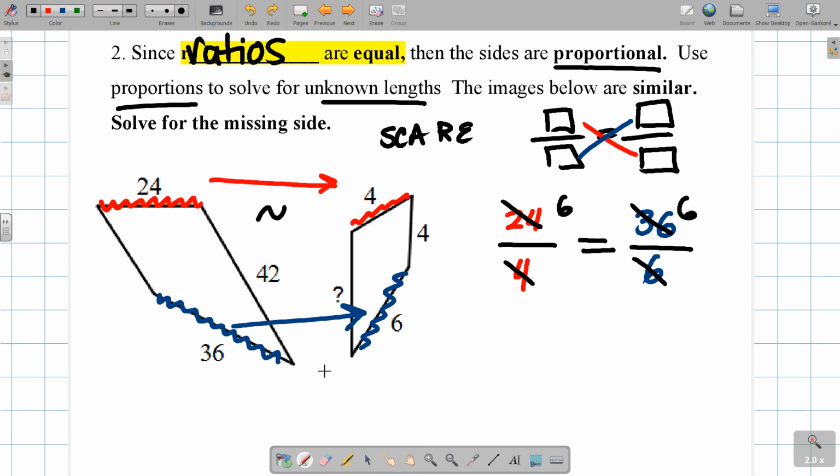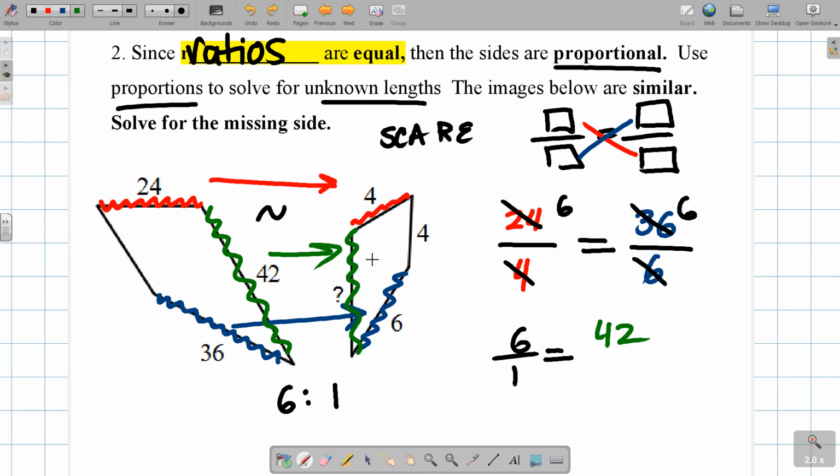So I know my ratio left to right is 6 to 1. I'm just confirming. So now I can use that to get my unknown side. So here, match 42, mirror the direction, unknown. Cross multiply, solve.